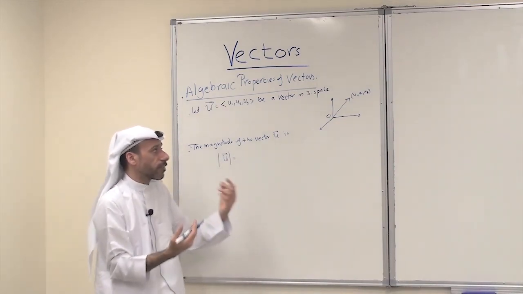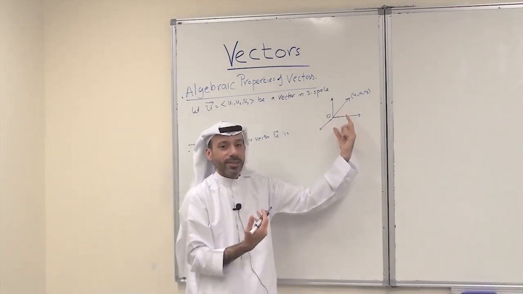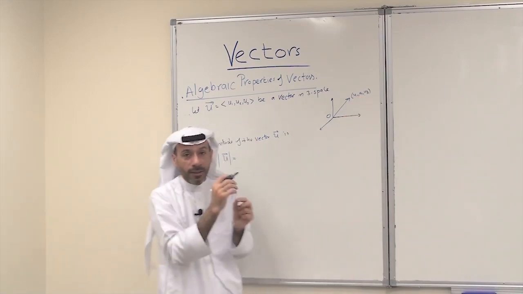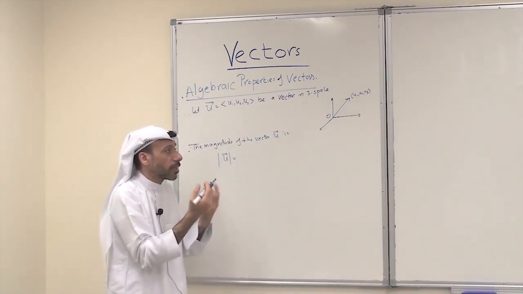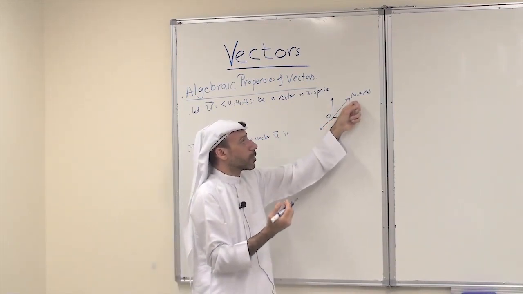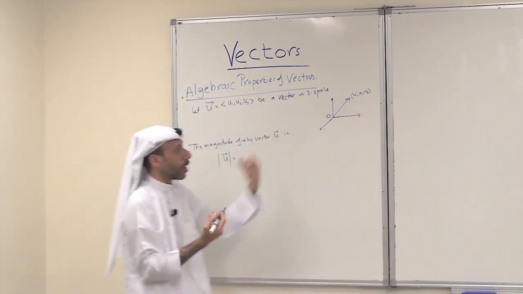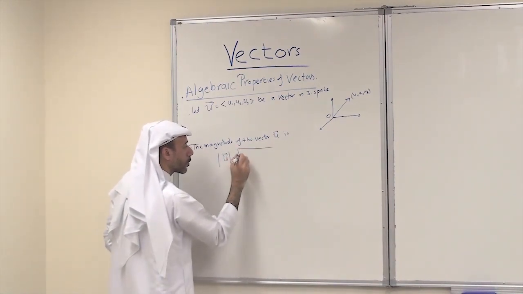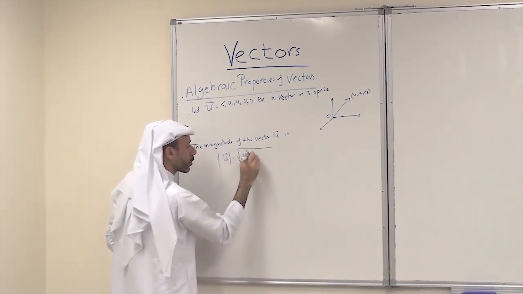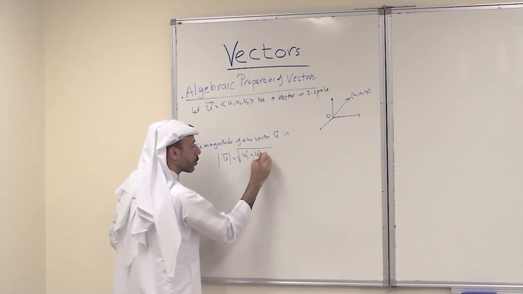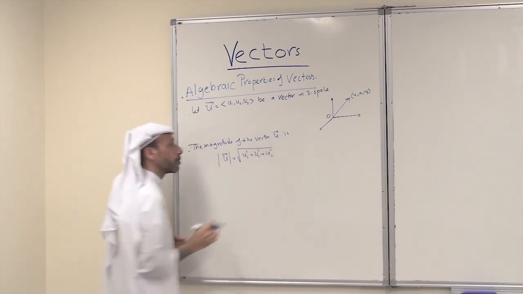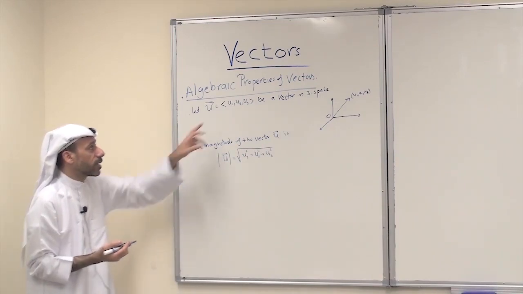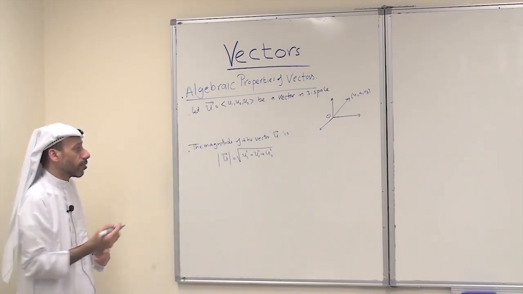By definition, it is the length of the line segment from O to the point (U1, U2, U3), i.e. the distance from O to this point. We have a formula for the distance. When you apply the formula, the length of the vector equals the square root of U1 squared plus U2 squared plus U3 squared. So this is how to compute the magnitude of the vector if it is given in this manner.